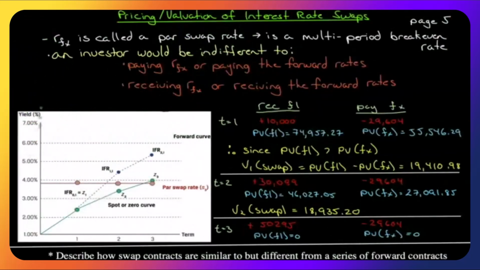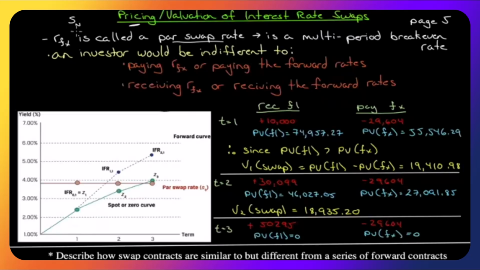Okay, so when we talk about the price of an interest rate swap, what we're really talking about is the fixed rate on an interest rate swap, and the fixed rate is called a par swap rate. I use R sub FX to denote the fixed rate on a swap. This reading uses S for swap, and N sub N to denote the number of periods the swap is for.